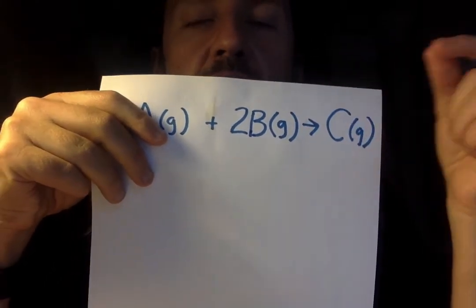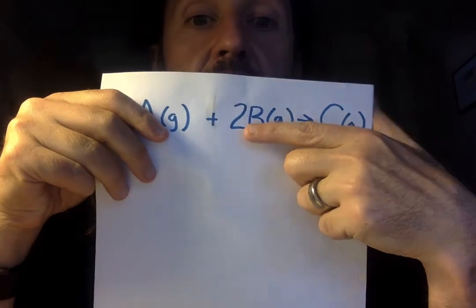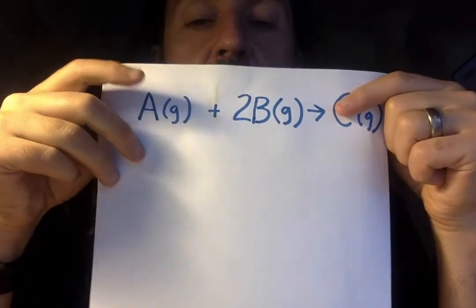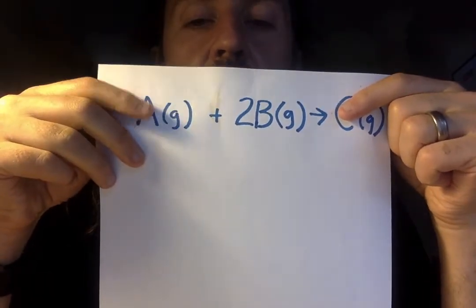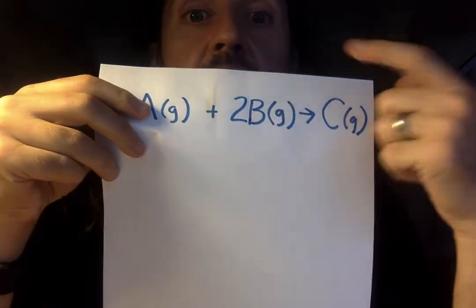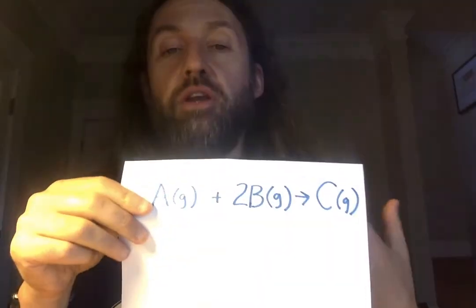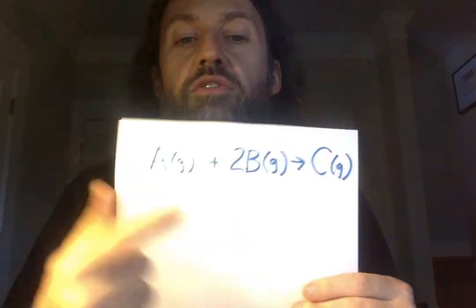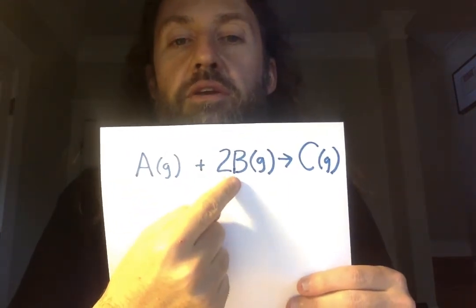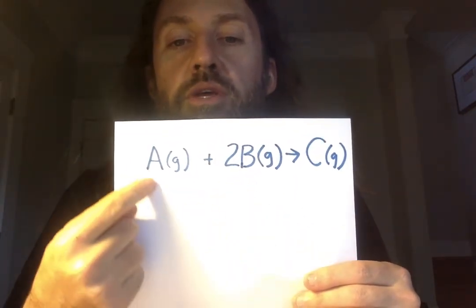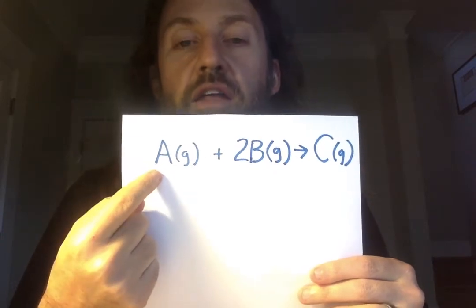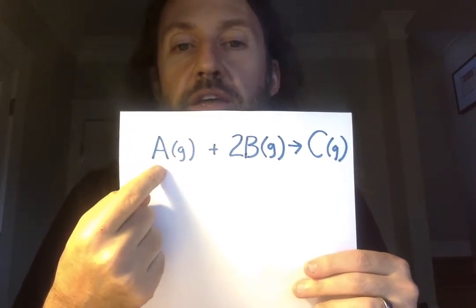But what they're saying here is since it takes 2 of the B and 1 of the A, the B is going to look like it's disappearing twice as fast. So the rate of disappearance of B is going to be twice that of the rate of disappearance of A.